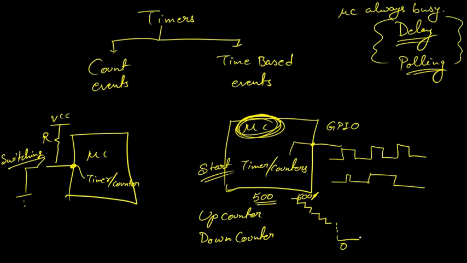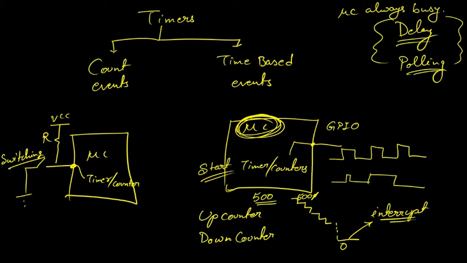And then at the end of the count, it may generate a particular pulse, or even it can generate interrupts to inform the microcontroller that okay, I have completed my task. And there are facilities like it can auto reload after reaching 0.